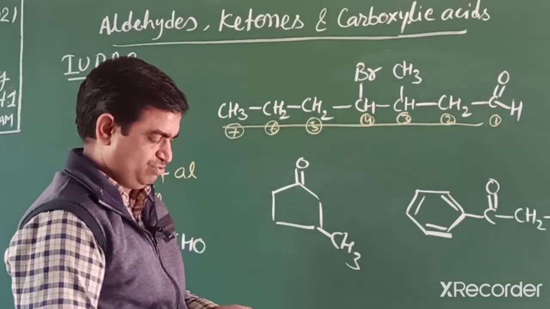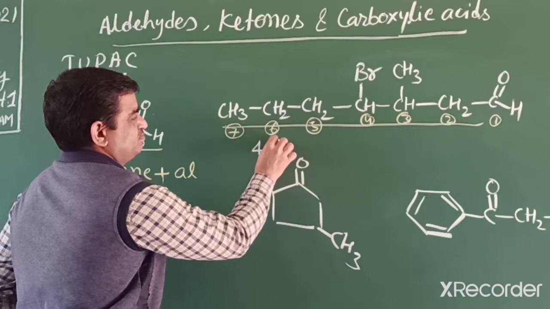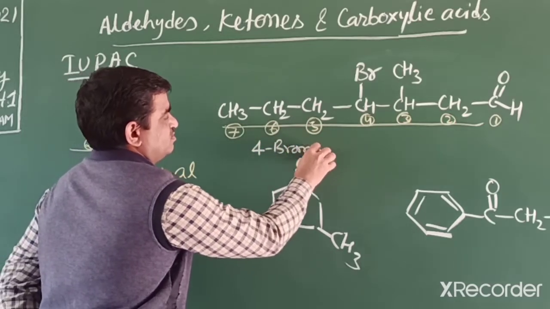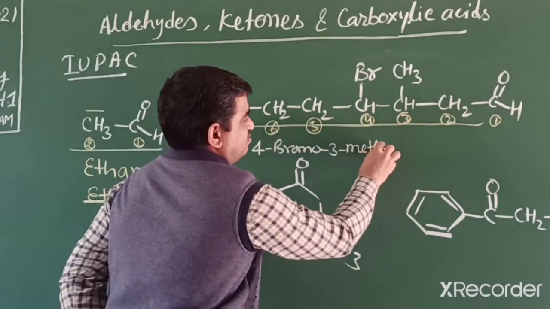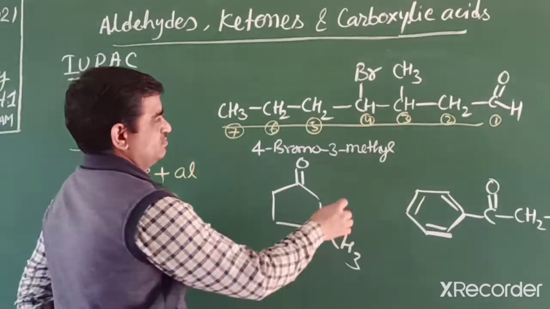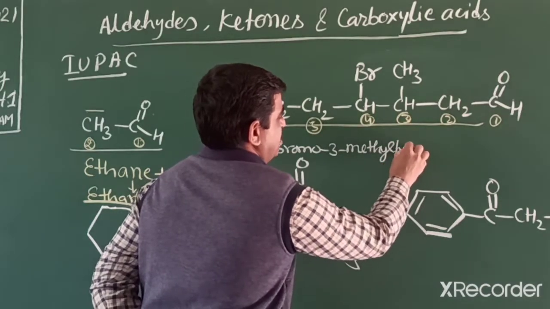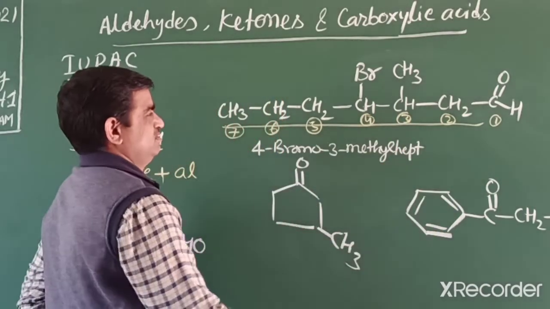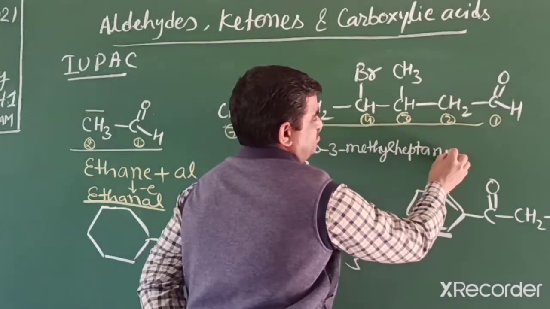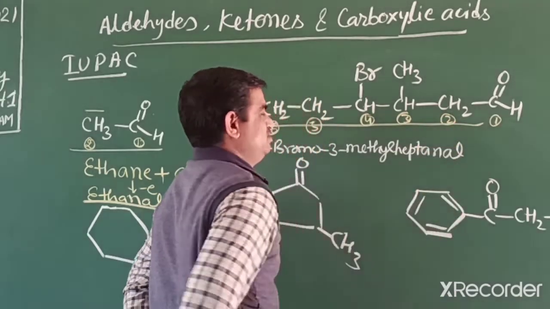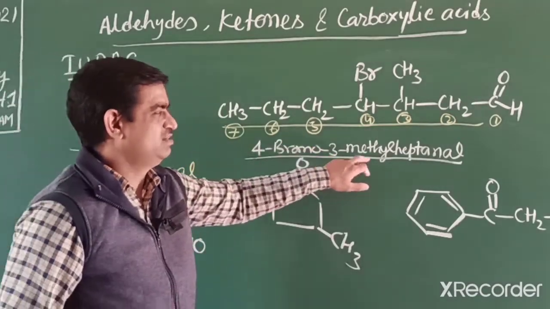So we write them in alphabetical order: 4-bromo, 3-methyl. The main hydrocarbon has 7 carbons, that is hept. With a single bond we write ane, plus al, and the terminal e is dropped. So its IUPAC name is 4-bromo-3-methylheptanal.